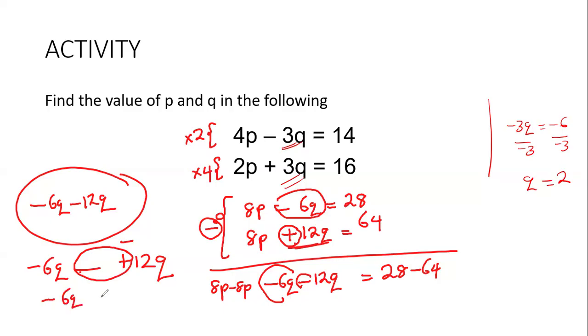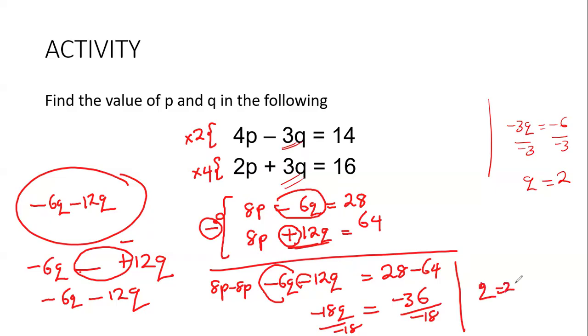Then your answer will be negative 18Q equals negative 36. Divide by negative 18. Then your Q is equal to 2. So is the answer different? They are the same. Okay, I've understood now. Thank you. All right.